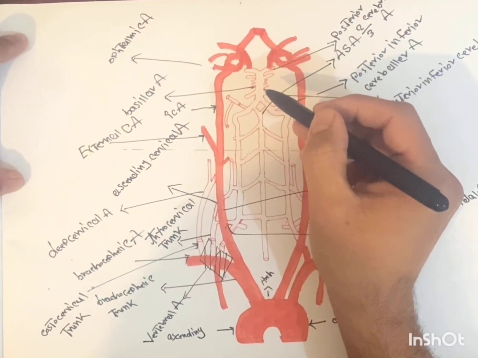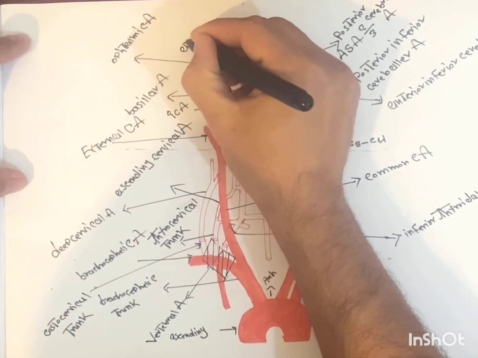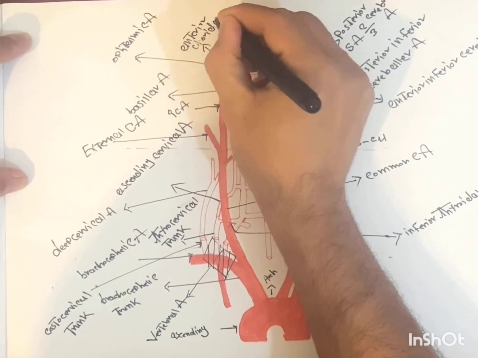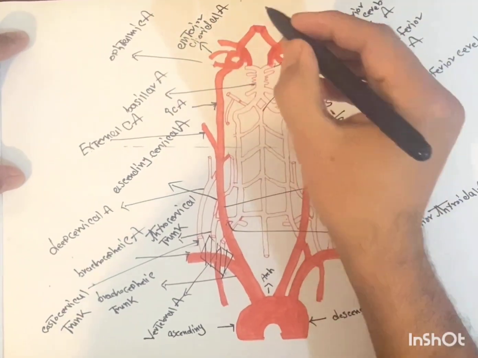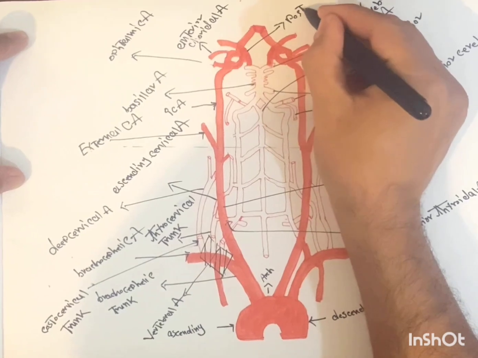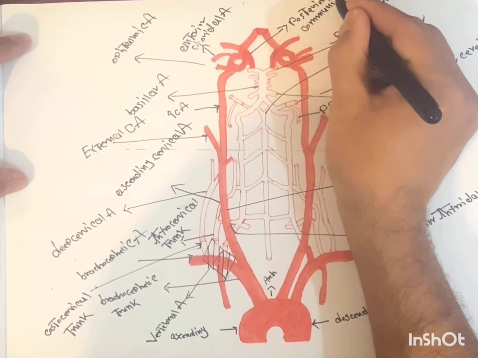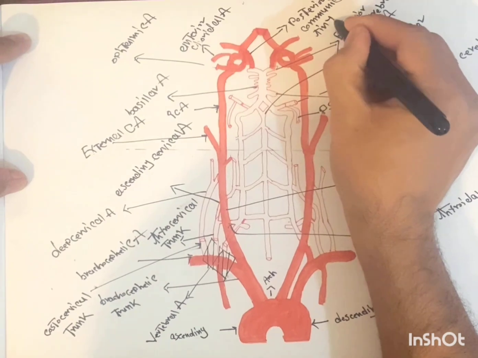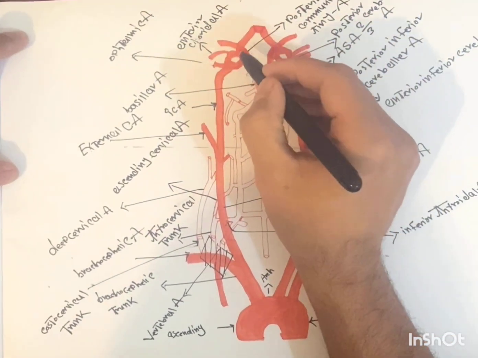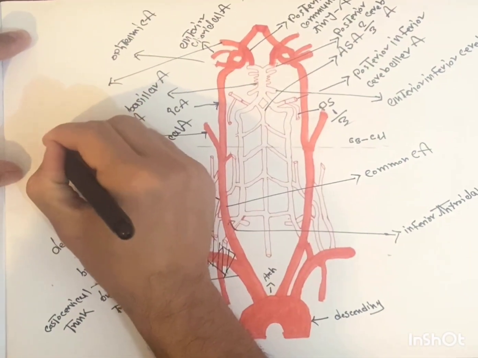The second branch is called the anterior choroidal artery. And the next one you have is called the posterior communicating artery. The internal carotid artery finishes on the middle cerebral artery.